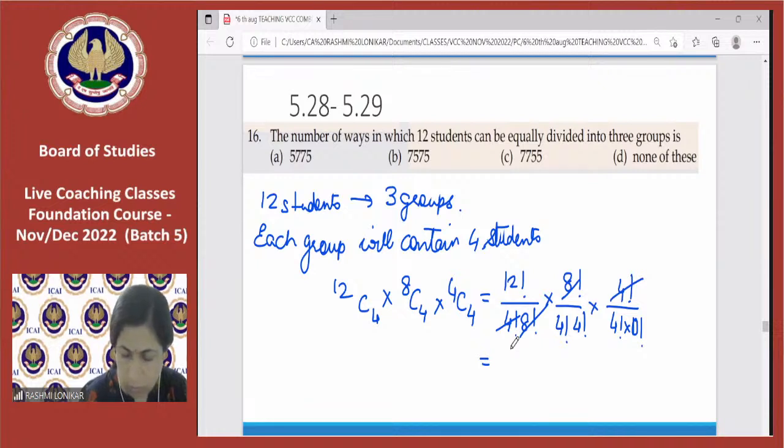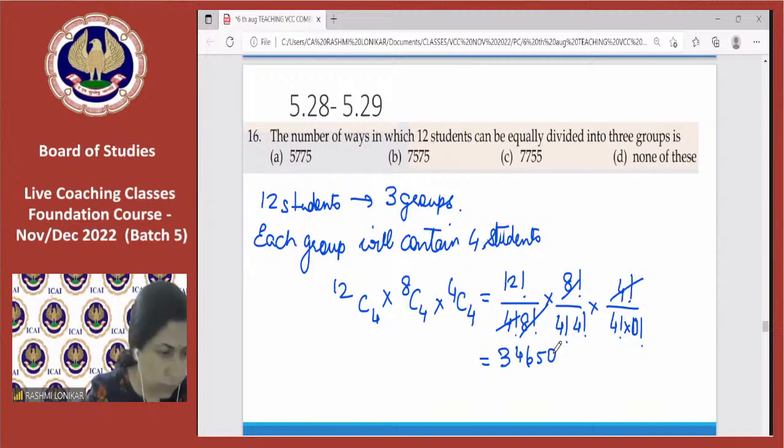Into 11 into, divided by 24. So I have 34650. Okay, 34650. So you will have so many ways.